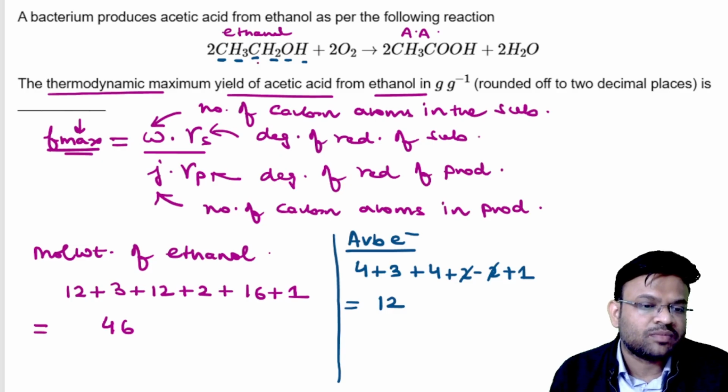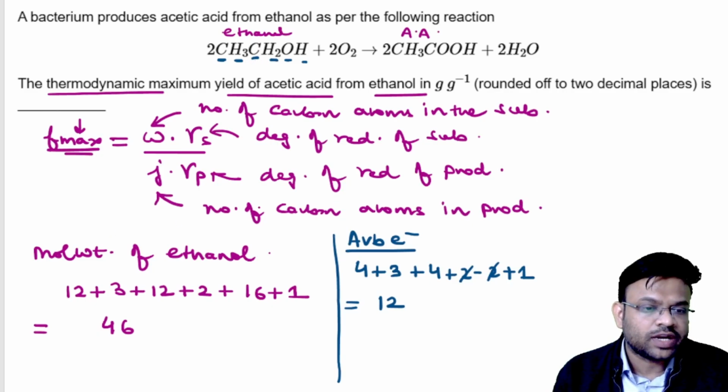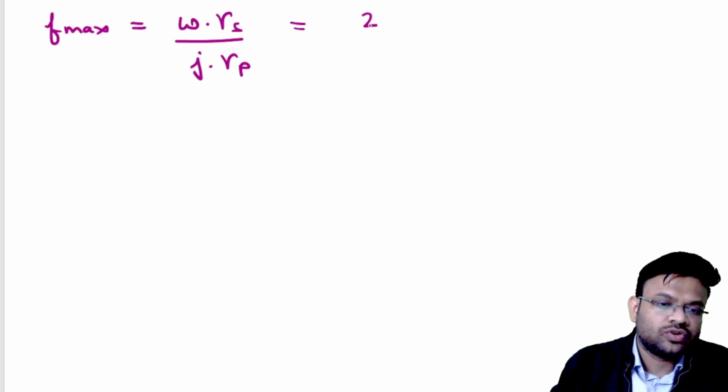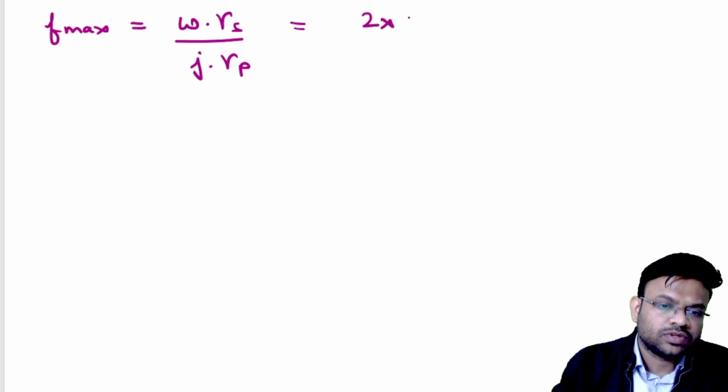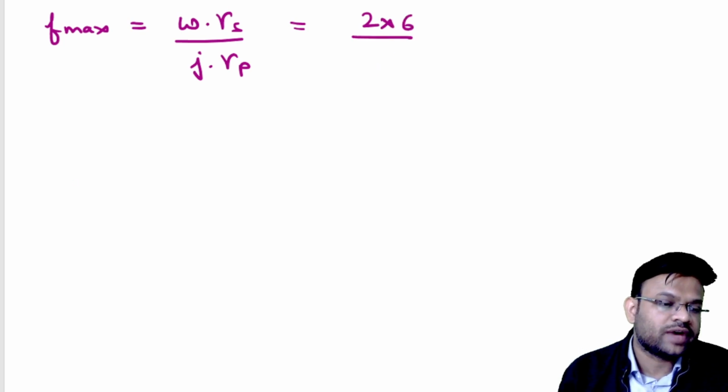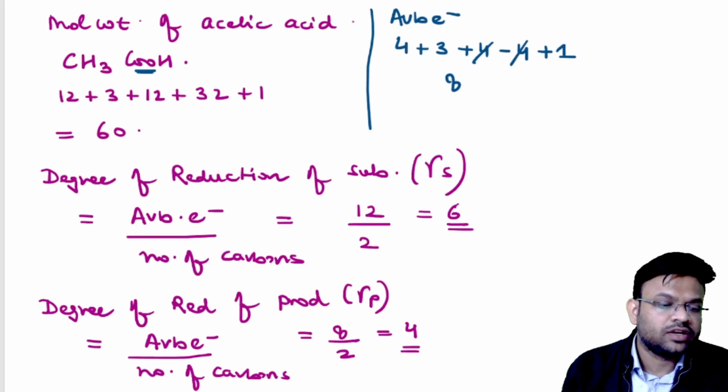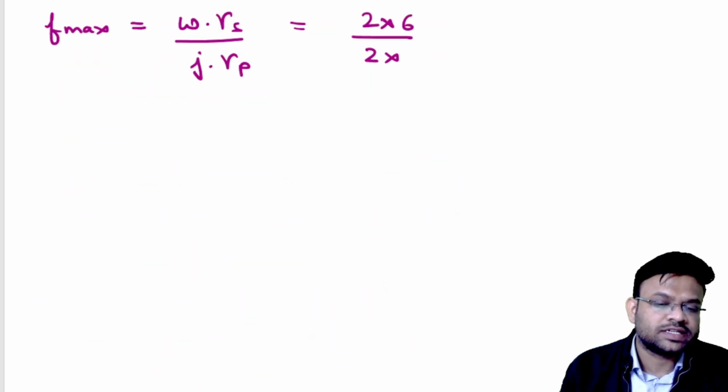In the substrate, the number of carbon atoms is 2, and in the product also the number of carbon atoms is 2. So 2 into gamma S, I calculated gamma S value, it was 6. 2 into 6 divided by the value for J, the product, into, again, the degree of reduction for the product or the acetic acid is 4.